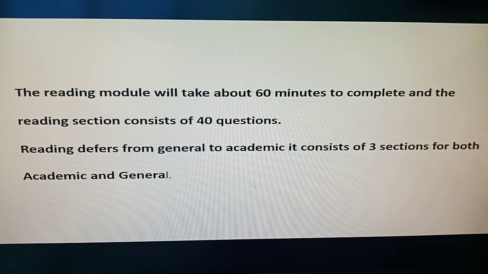It means the time of the exam is 1 hour, and the questions are 40 questions. Then reading differs from general to academic. It consists of 3 sections for both academic and general.